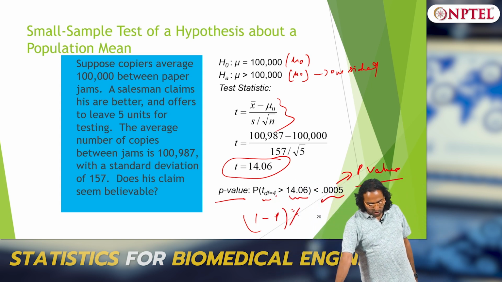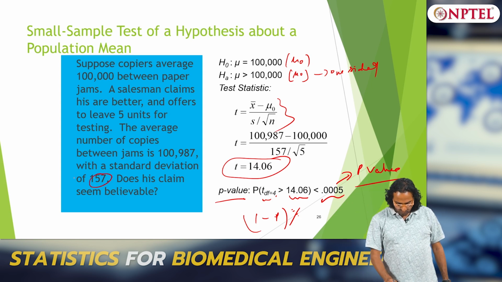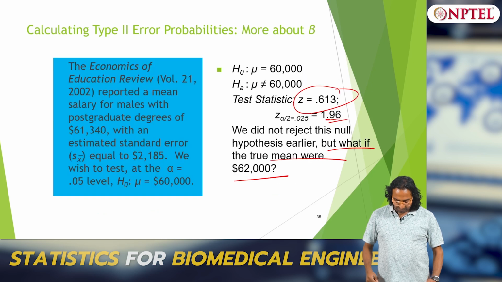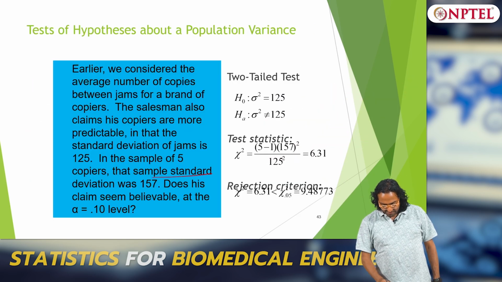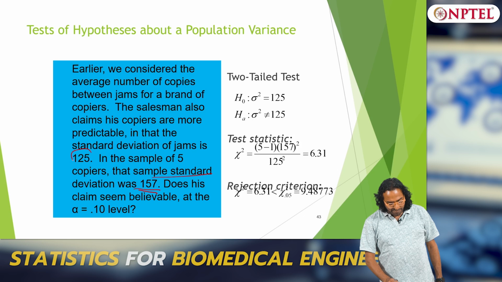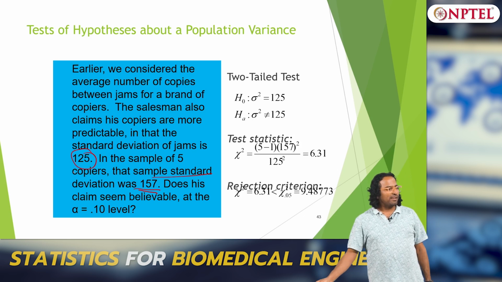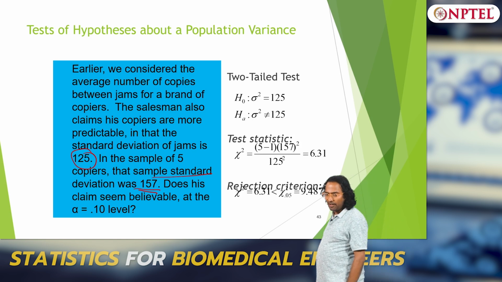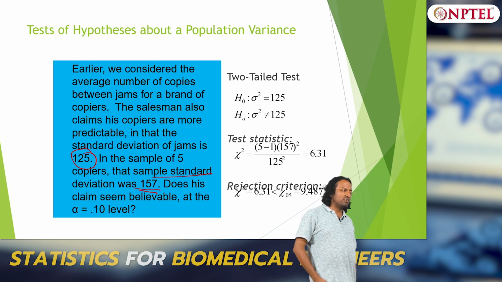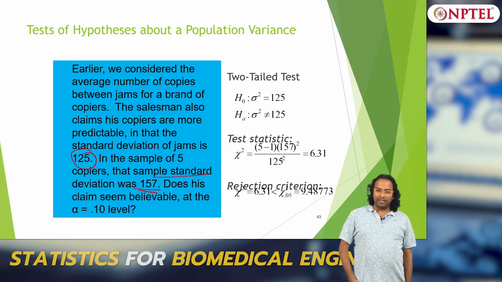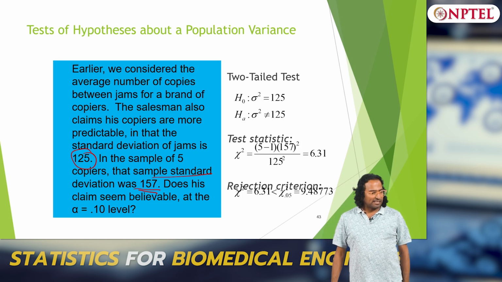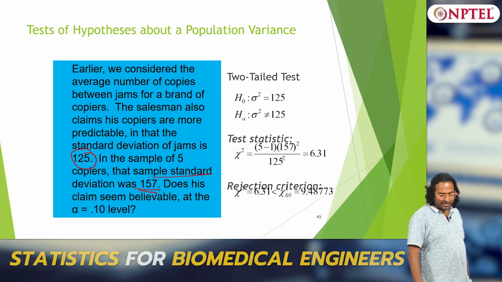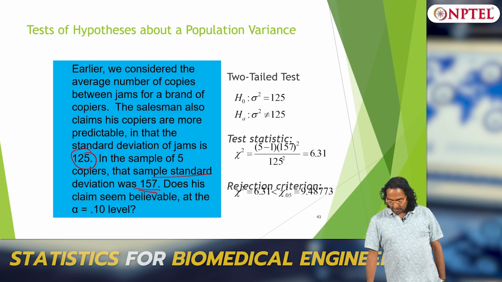Now we also add the standard deviation. The sample standard deviation is 157 and his claim is 125. So my null hypothesis is 125, and my alternate hypothesis is not equal to 125. We can again create a test statistic: n minus 1, so 4 degrees of freedom, chi-squared equals n minus 1 times S squared by sigma squared, which is 6.37.